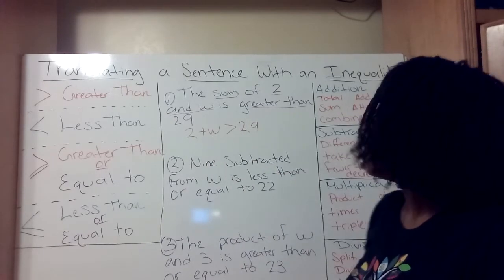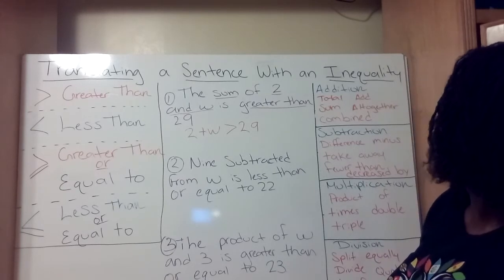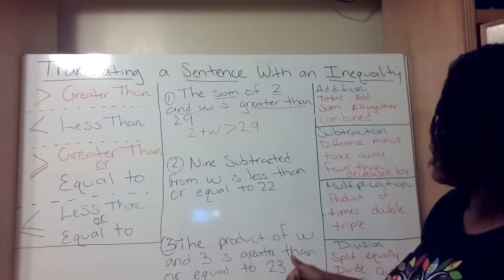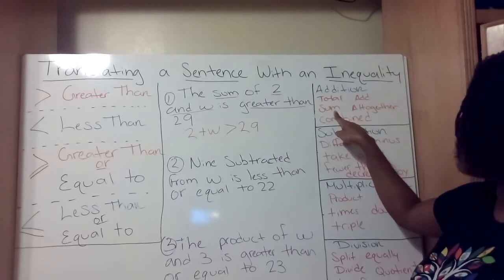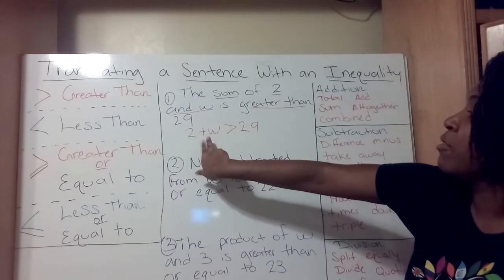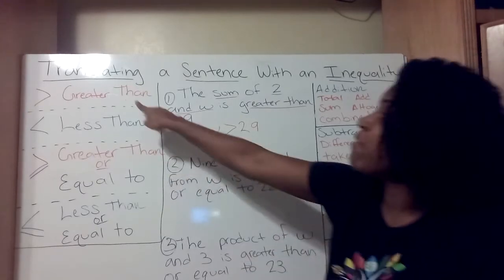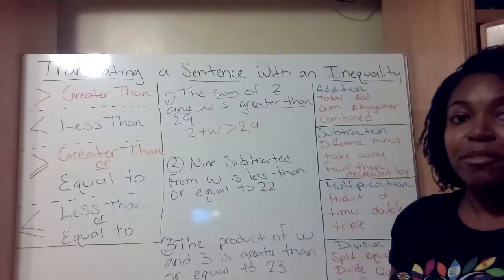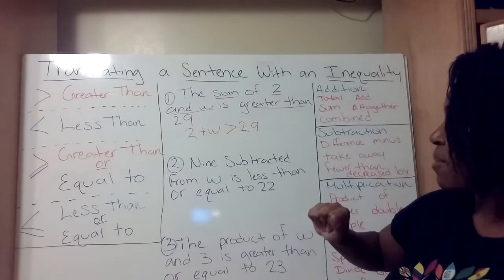All right, the sum of 2 and W is greater than 29. We're good there. Notice that sum I have over here in our word bank for addition. 2 and W lets me know I'm finding the sum of those two values, so I add those two values together. And greater than I pulled right from our inequality over here.